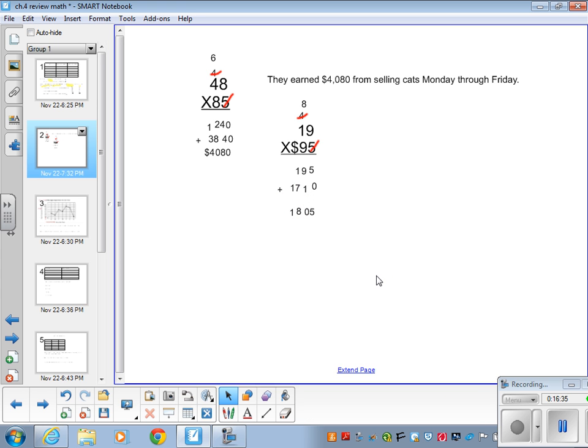Am I done, or am I missing something that's really important? We're trying to find out how much money they earned from selling the dogs. Is this answer acceptable? If you said no, you're correct. What do I need to add to show that it's money? Good job. I need to show the dollar sign.